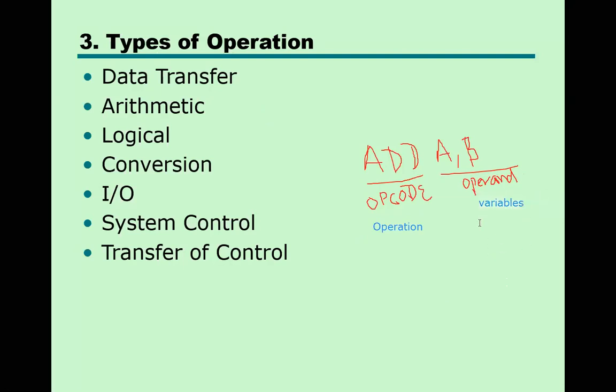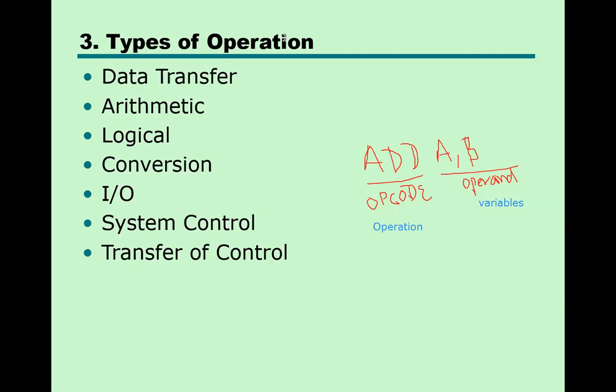So we have seen different types of variables, like numbers, logical data, character, flag, and the operation, like instruction. You might have written a number of instructions in first year in C programming. So you can broadly categorize your instructions into these categories.